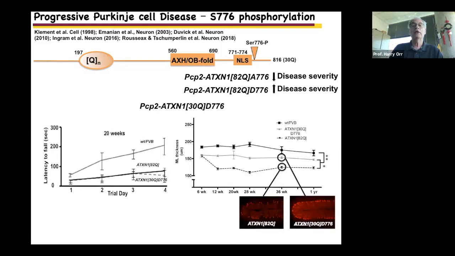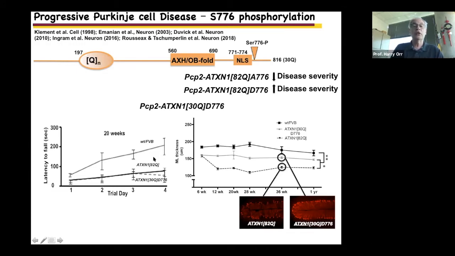We went on to test what happens if we take a wild type version of the ataxin-1 protein with 30 glutamines and express it in Purkinje cells, in this case with a phosphomimetic version.